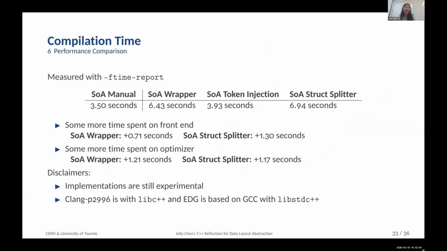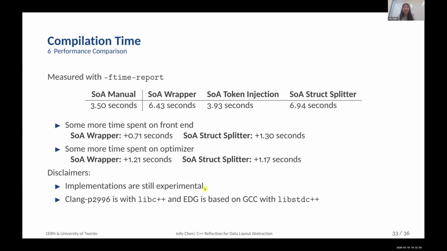What's a bit more interesting is that the compile time changes a bit. For the versions that I've compiled with the Clang reflection compiler, which is the manual version, the wrapper version, and the struct splitter version, I see that there's a bit of an increase in compile time when I'm using reflection.